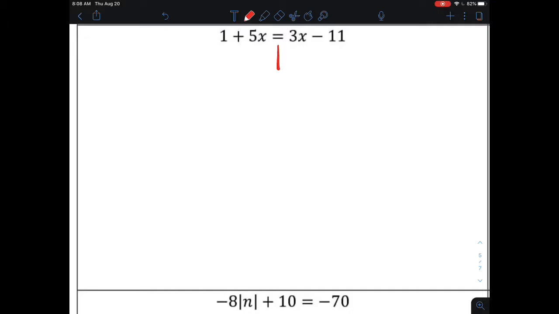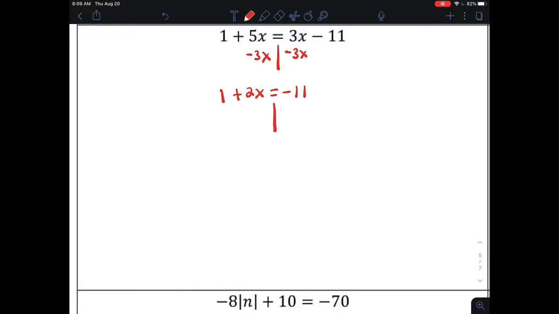So I'm going to take the 3x on the right-hand side and move it to the left side. Well, it's currently positive on the right. So to move it to the left, I got to subtract it. And then I'm going to rewrite what I have. So I have 5x minus 3x is positive 2x equals -11. And then now we proceed like we have done with all the other ones.